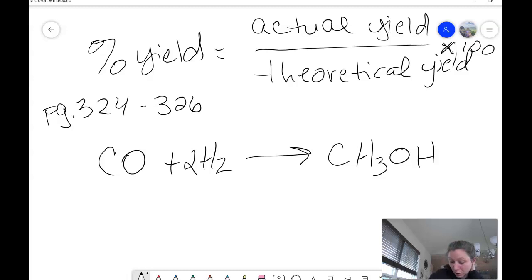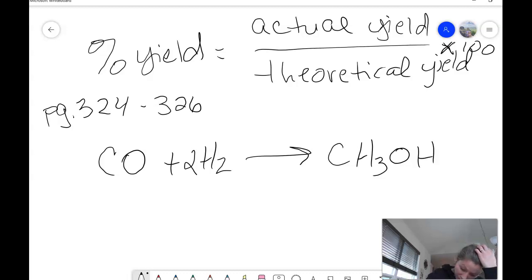Theoretical yield is always going to be some kind of stoichiometry problem. In this case, the problem gave you both reactants, and it's asking which one are you going to end up producing?